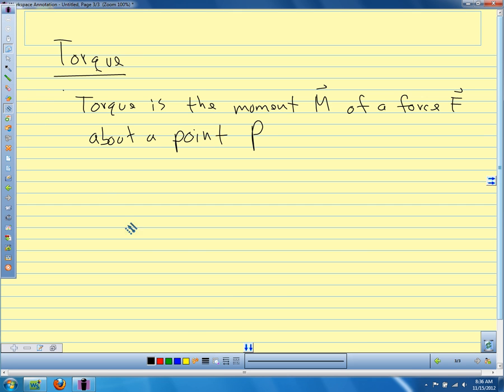So if we have something like so, and we have point P here, and we have point Q over here, and we have a vector going from point P to point Q. And we have a force acting on, if this is some kind of lever, some kind of bar, a wrench, something, we have a force acting on this thing at point Q. So this is my force vector.